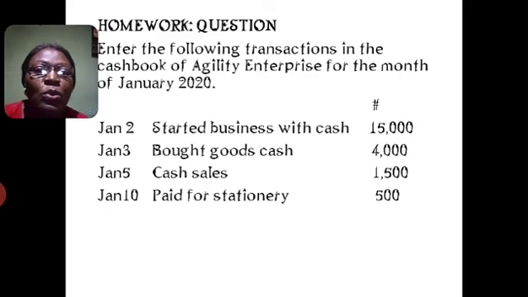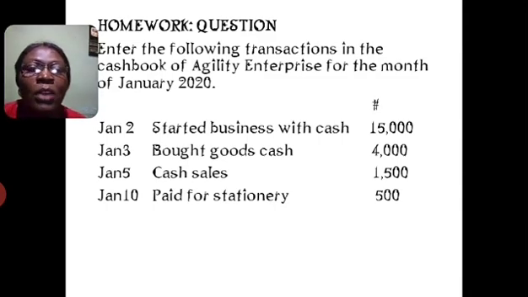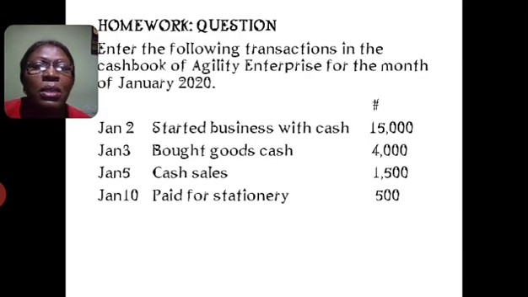Then under the particulars, you write purchase. Then under the cash, you enter 4,000 naira. So that is how you will enter the other transactions. Then at the end, you balance the account. So remember to follow the steps in entering the transactions and then the steps in balancing the transactions so as to get your homework right.